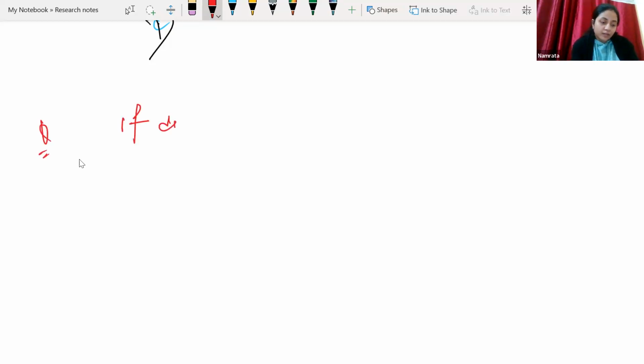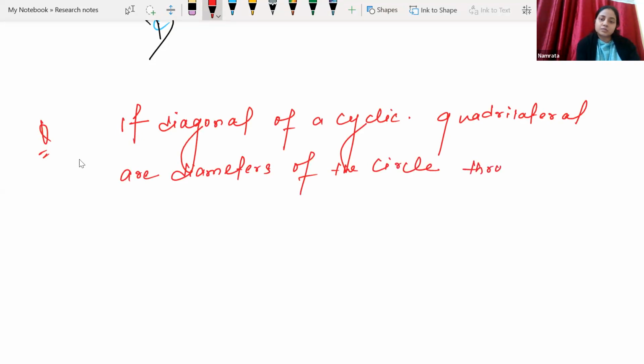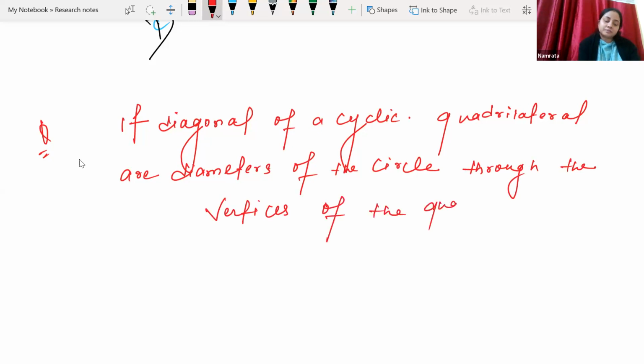If the diagonals of a cyclic quadrilateral are diameters of the circle through the vertices of the quadrilateral, prove that it's a rectangle.